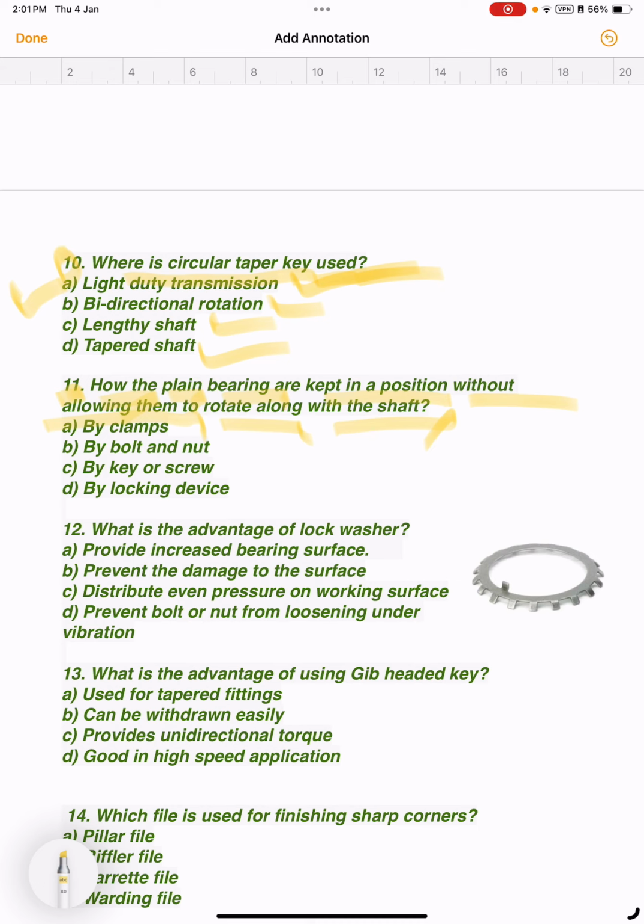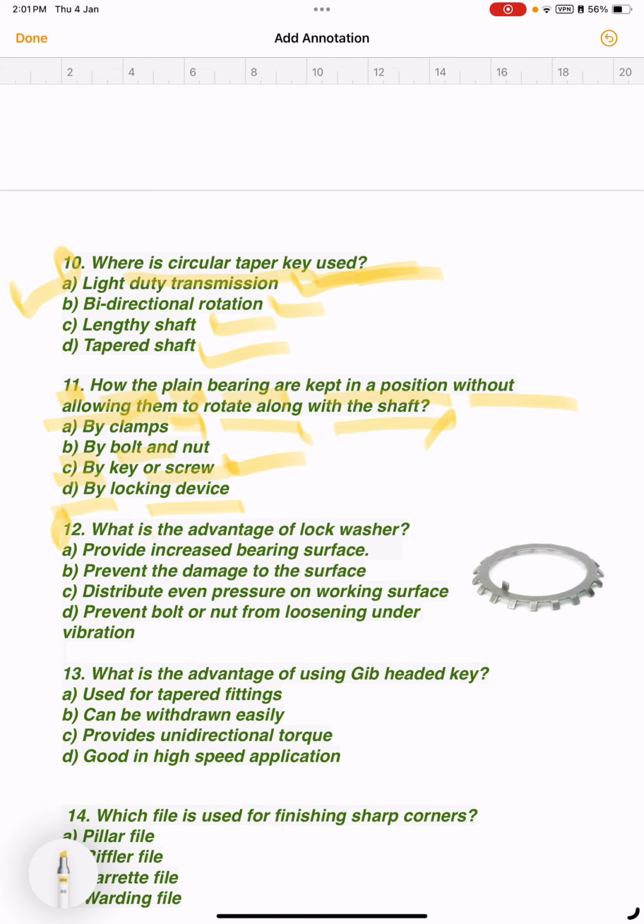By clamp, by bolt and nut, by key or screw, by locking device. What is the answer? Answer is by key or screw.